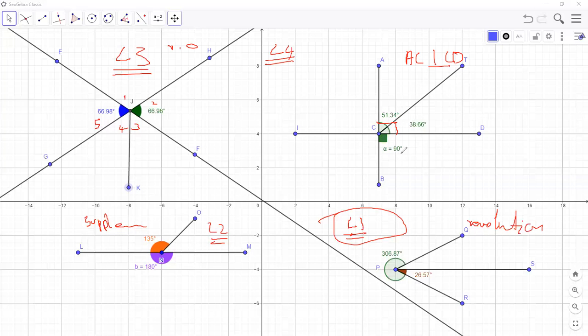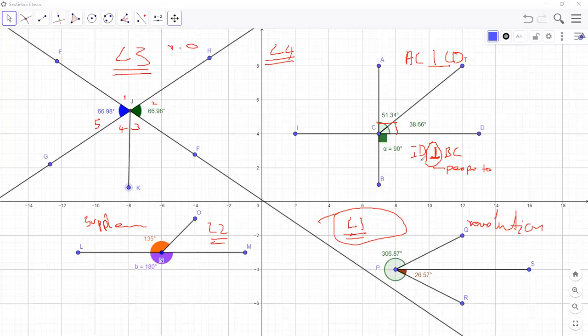In the same sense, the line ID is also perpendicular to BC or CB. And of course, we use this symbol to show that lines are perpendicular. This symbol itself, you should read as "perpendicular to".